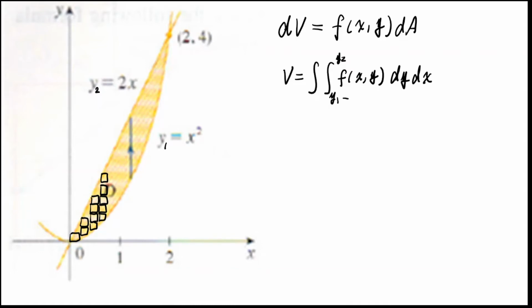Okay, y1, let's call this g of x. This is g, and this, let's say, is h of x. Why am I writing it here? Let's say g of x is equal to this one, and this is h of x. So from function to function. Do you understand this writing?